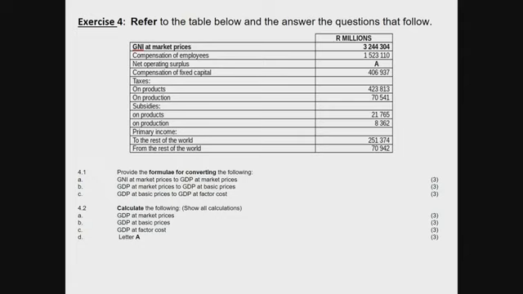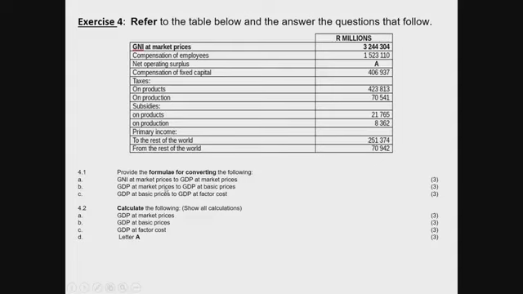So now you're going to minus income from the rest of the world plus the income to the rest of the world. So you've got to actually write that out. GNI at market price plus income to the rest of the world minus income from the rest of the world will give you your GDP at market prices.